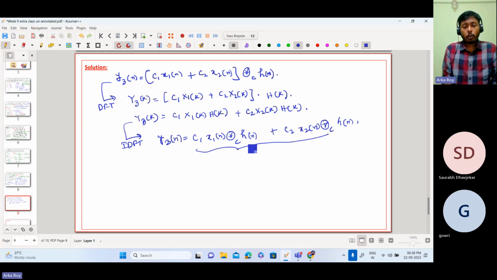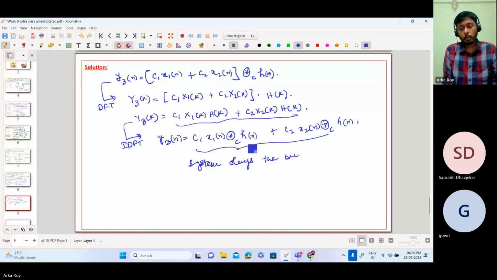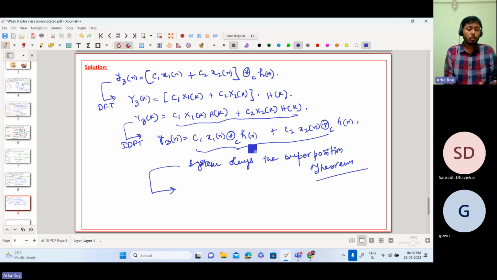So we can see both in the time domain and in the frequency domain, the system obeys the superposition theorem, and as the system obeys the superposition theorem, obviously the system has to be a linear system.